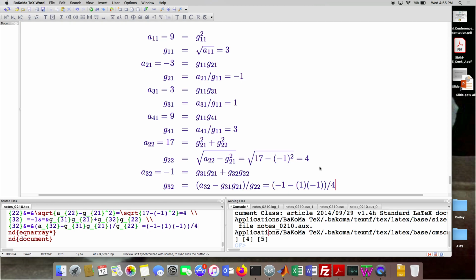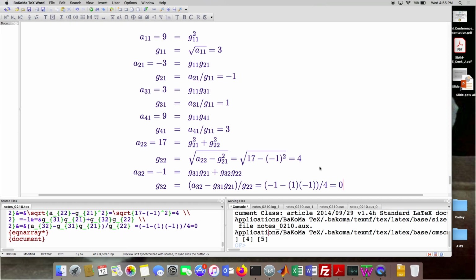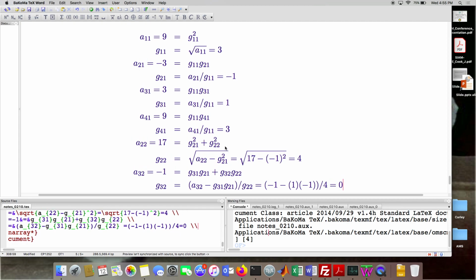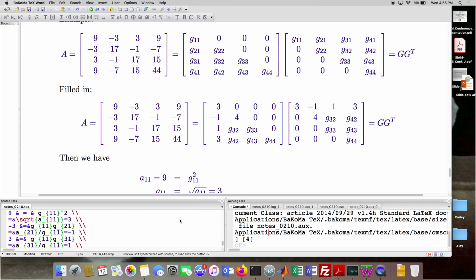So what happens in this case, we actually get 0. So that is allowed, as long as it's not on the diagonal. So I'll go ahead and fill that in. 0, 0.